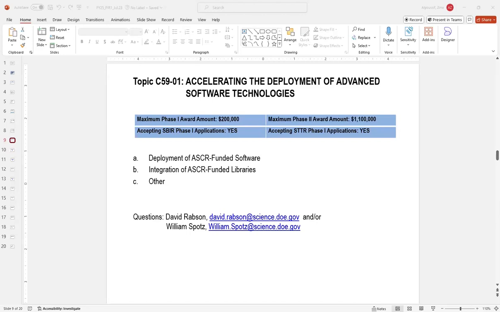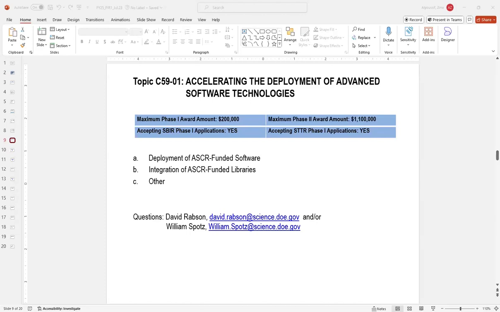The difference between the first and the second is covered in the topic release, but loosely, if you're taking a standalone software package that has been funded by ASCR and adapting it for, say, a different computer language, a different interface, making it easier to use, adding a graphical user interface, that sort of thing, that goes in subtopic A. If you're taking a numerical library, for instance, or any other kind of library that was funded by ASCR and incorporating it into your own code, then that's integration of a library.